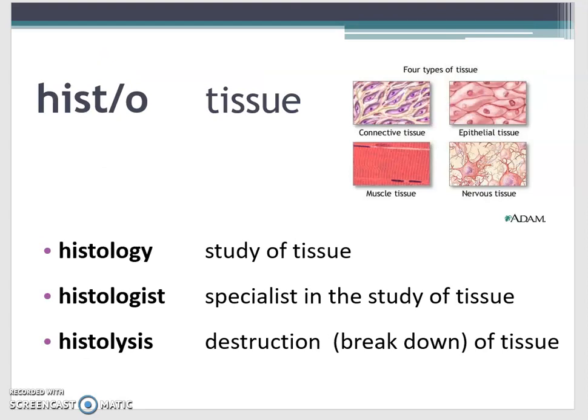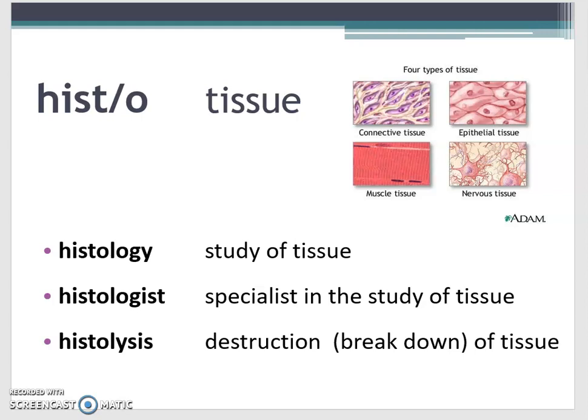Histo is a combining form that means tissue. Now we're going to use some of the same suffixes from the previous page. We're going to put logy onto histo, and we have histology, the study of tissue. That's performed by a histologist, who's a specialist in the study of tissue. And histolysis is the destruction or breakdown of tissue. And up in the upper right corner here, you see some examples of tissue.